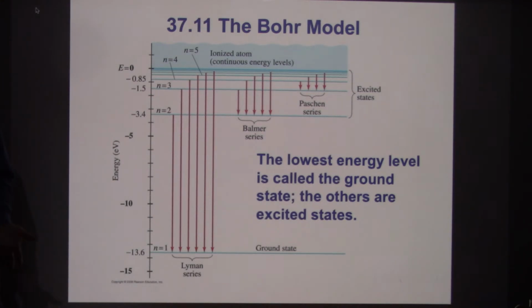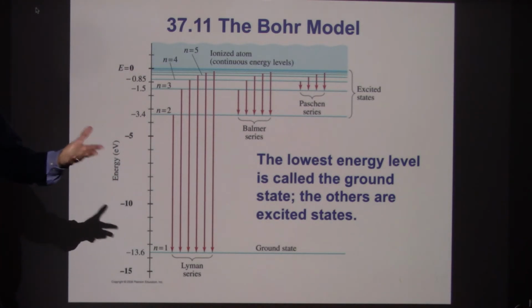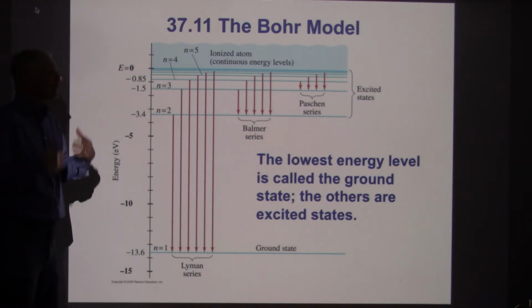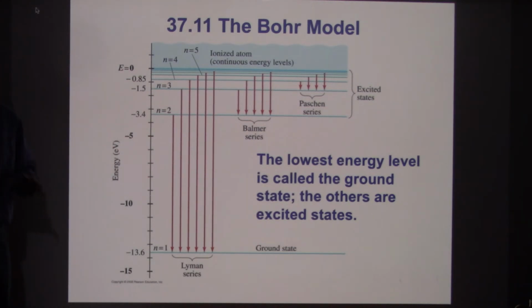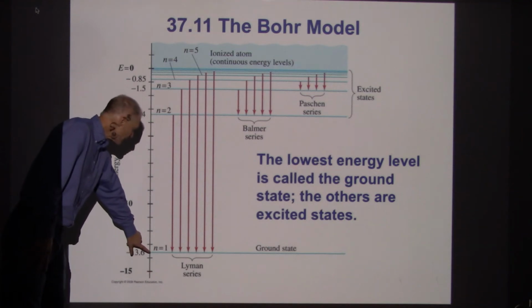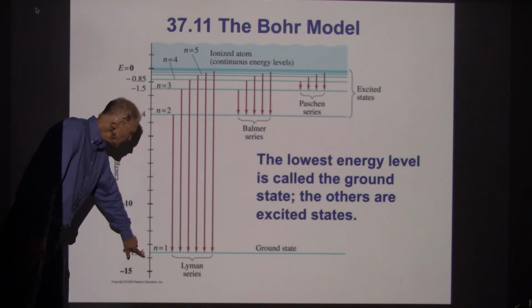But we feel it's for the right reasons. Bohr made some incorrect assumptions, but ended up with some offsetting effects that left him with the correct formula. We're going to claim that our complete quantum mechanical view of the atoms that we see in chapters 38 and 39 are the correct way of getting these numbers. So that's the lowest energy state.